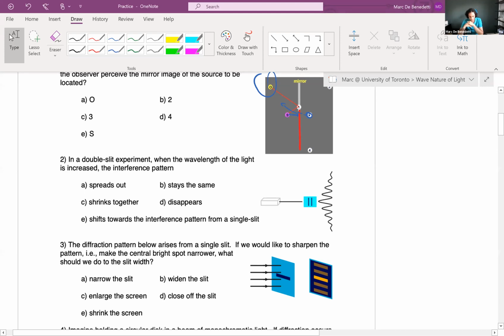Rodrigo says A, it'll spread out, when the wavelength of light is increased. So someone says A, it'll spread out. Only one person has an opinion.